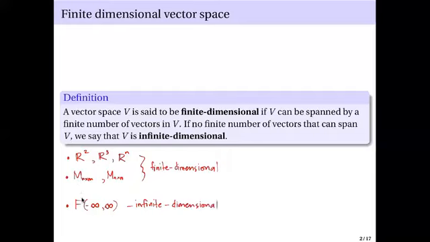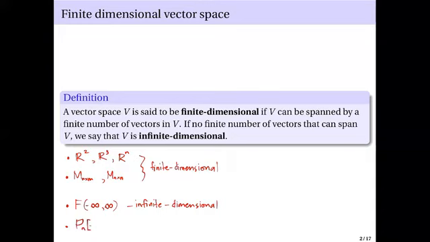And also coming from this space, a subspace of this capital F, we have defined another finite dimensional space, the space of polynomials of degree at most n.